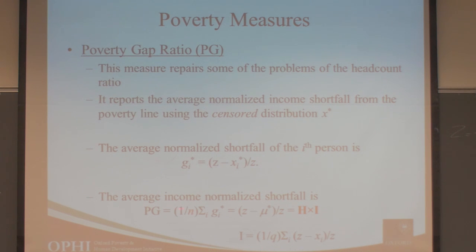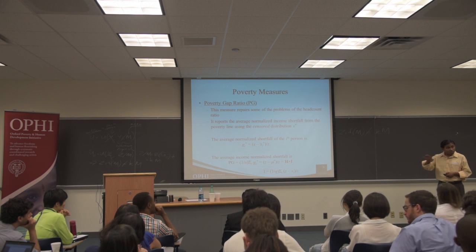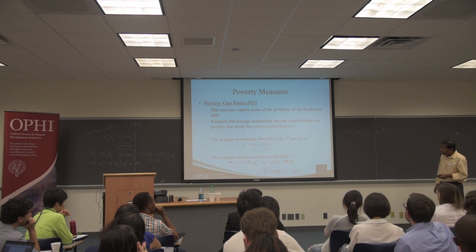So the poverty gap is H times I, and you will see a very familiar form of another measure called the adjusted headcount ratio, which is also H times A, where A is the average deprivation share. Sabina and James will discuss. This measure of adjusted headcount ratio that you will be using throughout the summer school has a very similar form to this one.